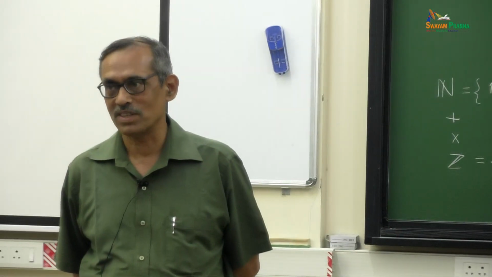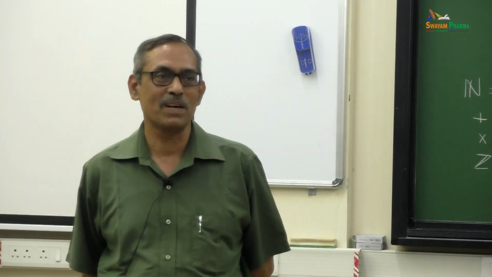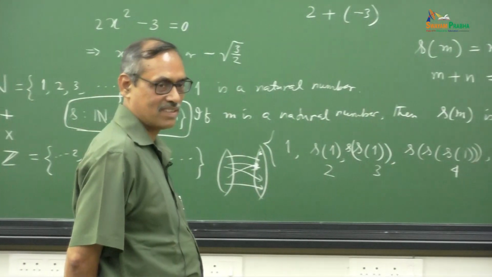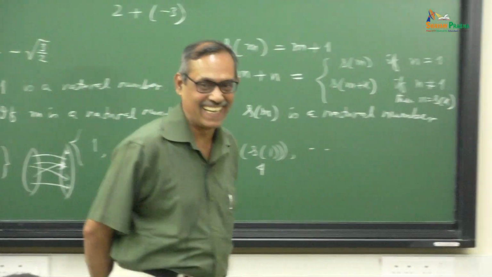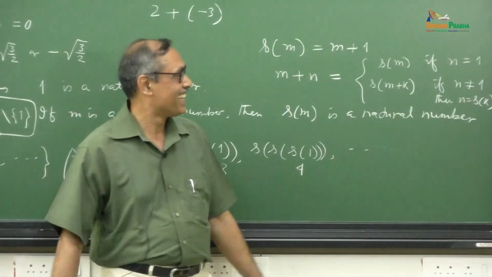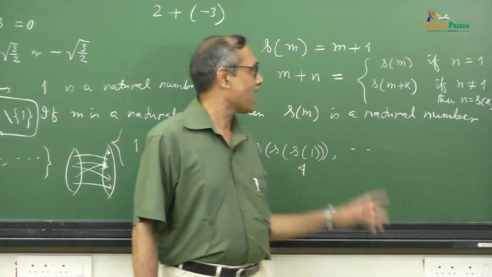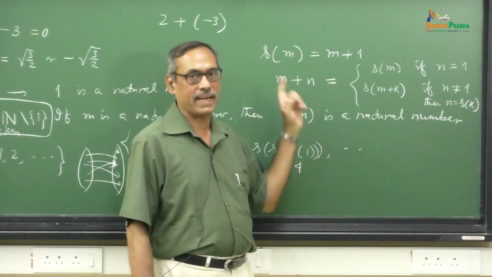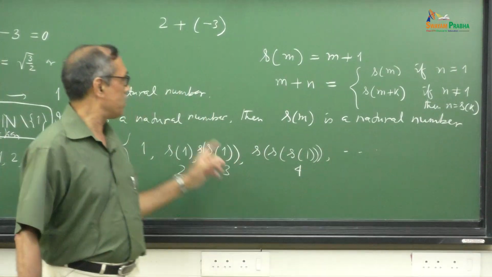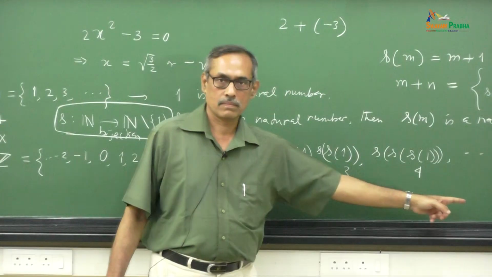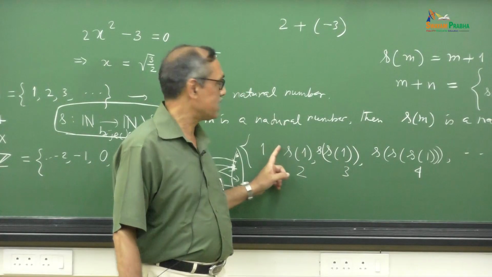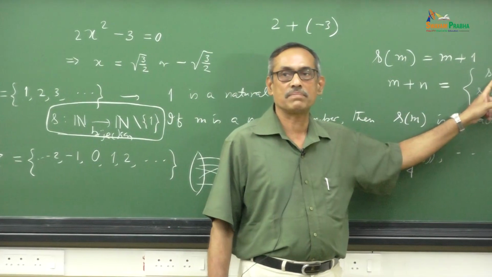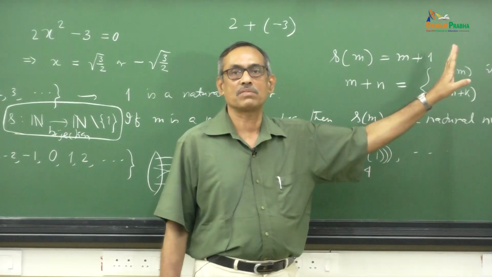It's difficult to understand in the beginning, but it is very natural to define it that way. Okay, look at this. First thing is, I want to define m plus n. So, first I look at n. What is this n? n can be one of these, right? So, if n is 1 in the beginning, then I will take just S of m. That is my m plus 1.